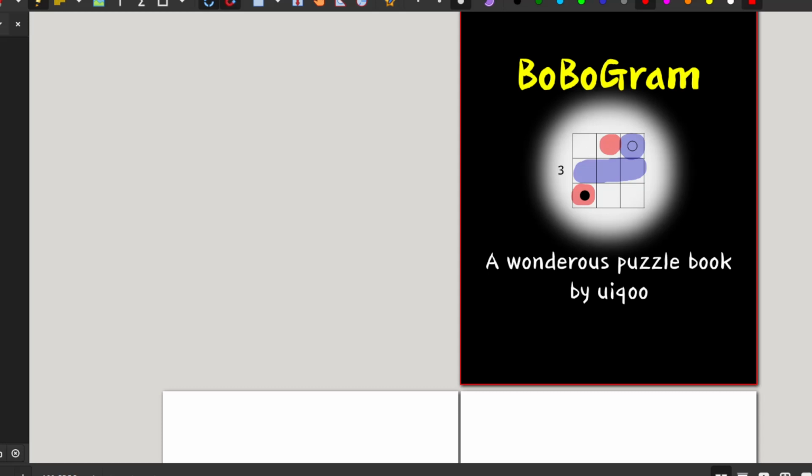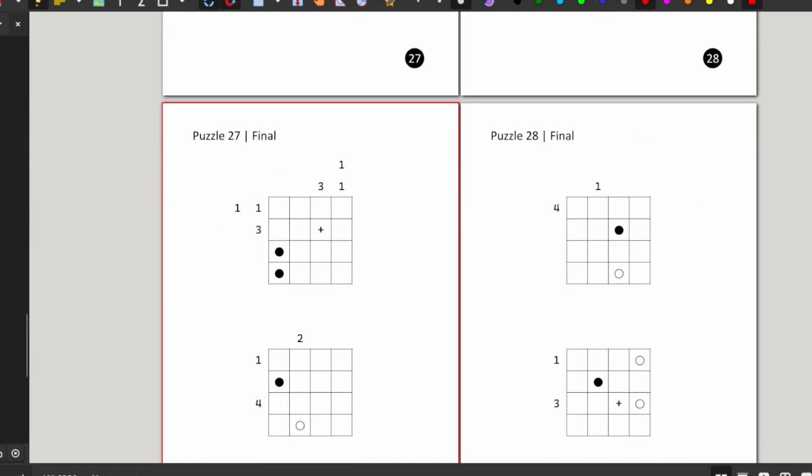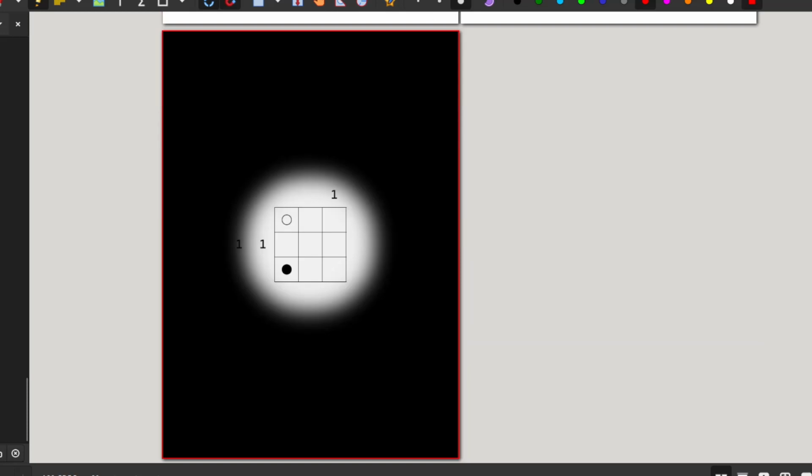Okay. Now if we head down to the bottom, we have one, nope, we have that. Here's our 1, 1, and that.